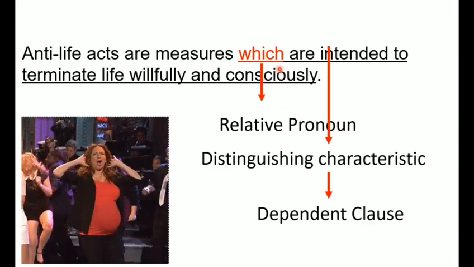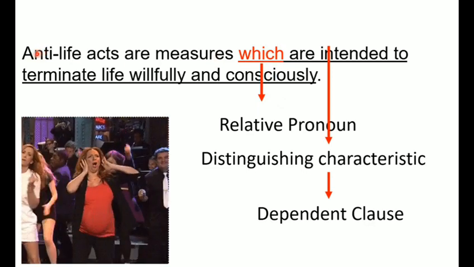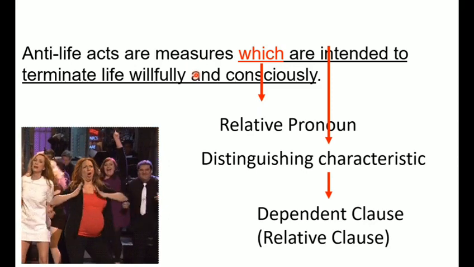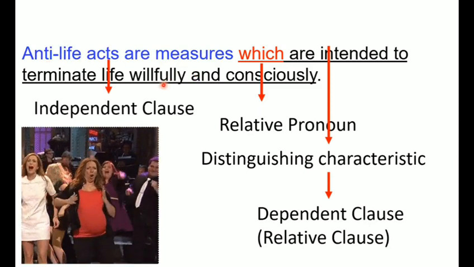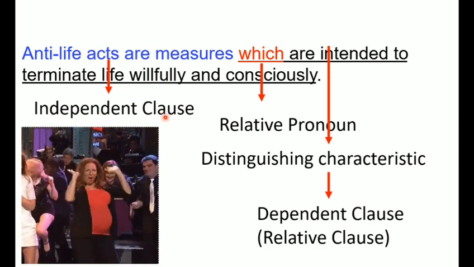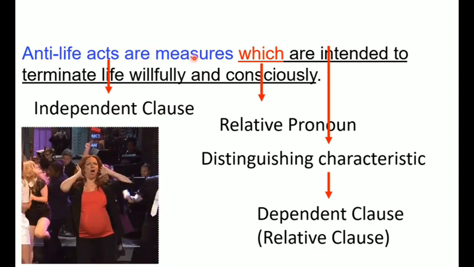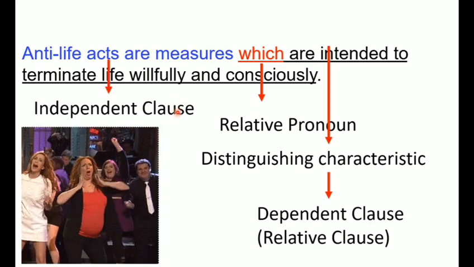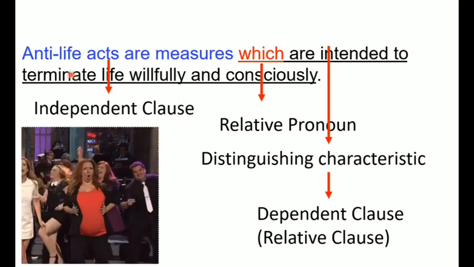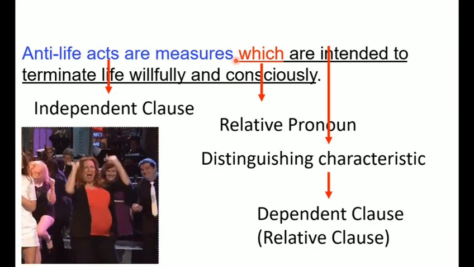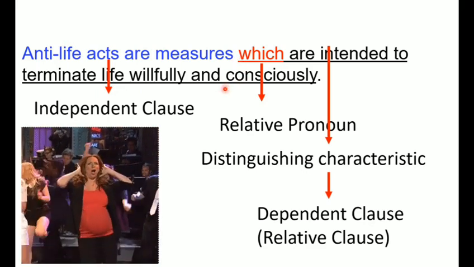Wala itong kahulugan kapag hindi mo siya idinugtong dito sa first part. And itong first part, anti-life acts are measures, is our independent clause. And remember, an independent clause can also be considered a simple sentence. Kasi kapag lagyan natin siya ng period, tanggalin natin itong karugtong, this is already a simple sentence. Okay, remember that.